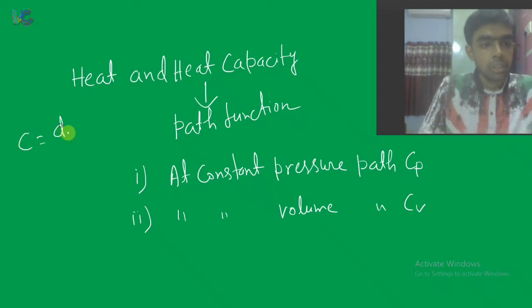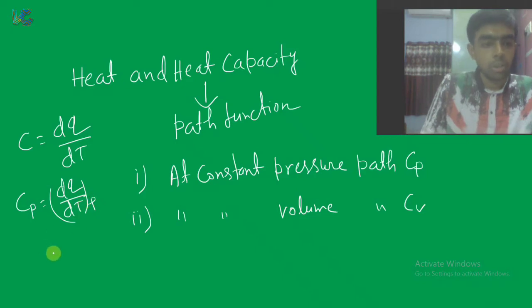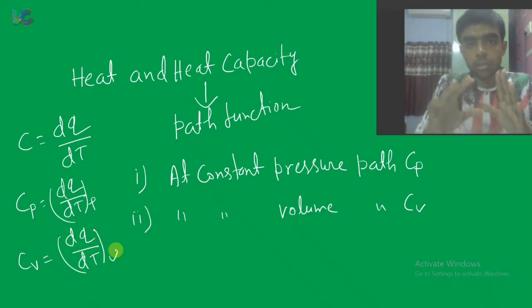Heat capacity is dq by dT. When you are talking about Cp, that means P is constant, so it is dq by dT at constant P. And when you are talking about Cv, that means dq by dT at constant V. So this is heat and heat capacity.